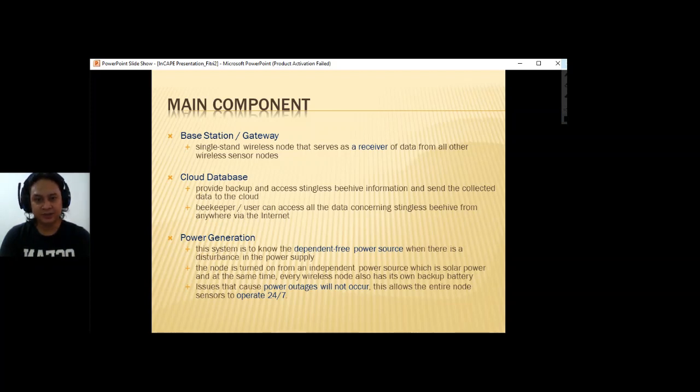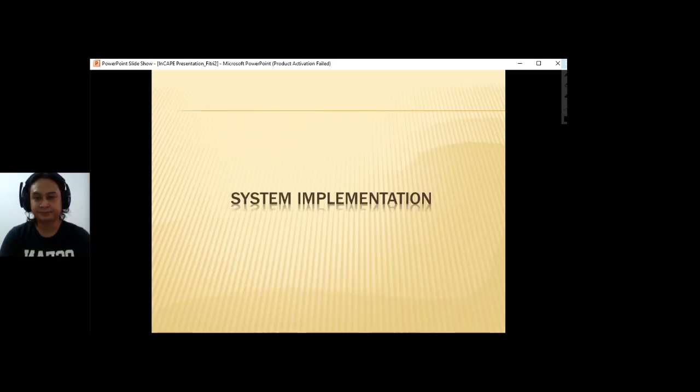Next is power generation. Our system uses an independent, free power source, which means we're using solar power, so there are no issues about power outages. This means every node in our system will operate 24/7.